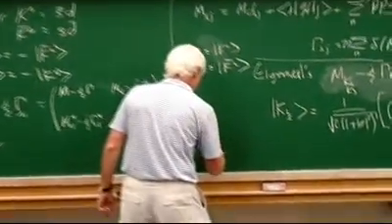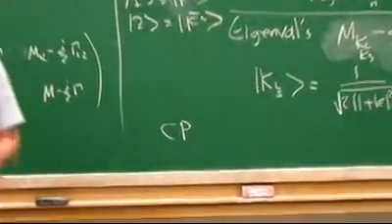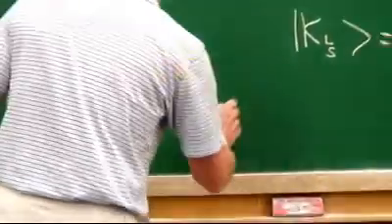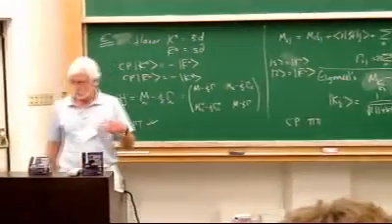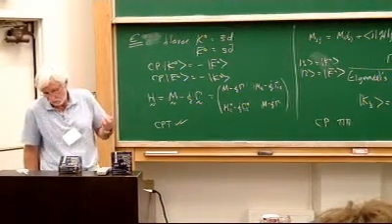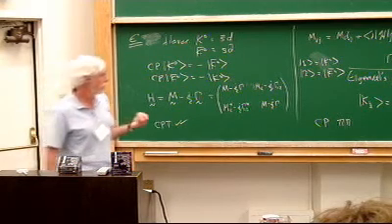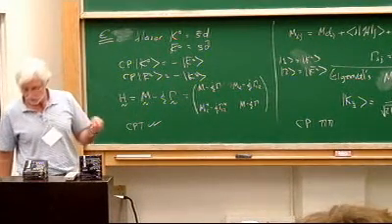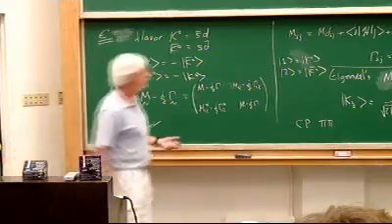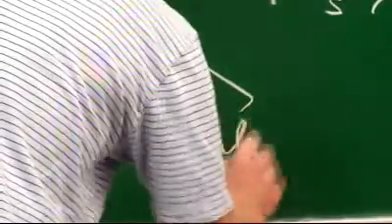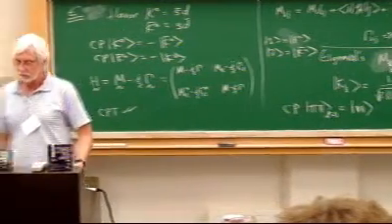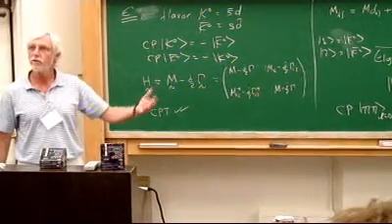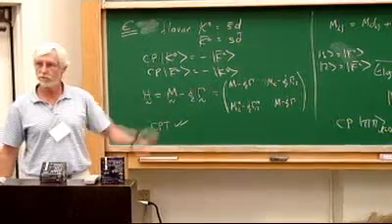So let me point out to you that if you take 2 pions in a spin 0 state, so 0 angular momentum, because we want to consider only the case when they come from a spinless kaon, then CP on an angular momentum 0 2-pion state will just give you the same state. The pions can be pi plus pi minus, which turns by charge conjugation into pi plus pi minus, or pi 0 pi 0, which turns into pi 0 pi 0.